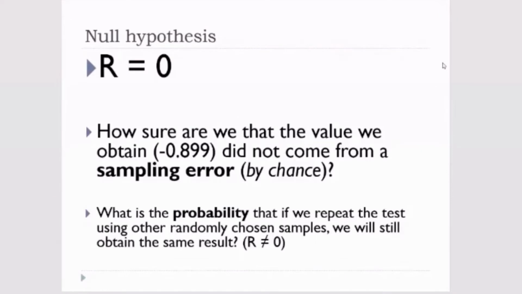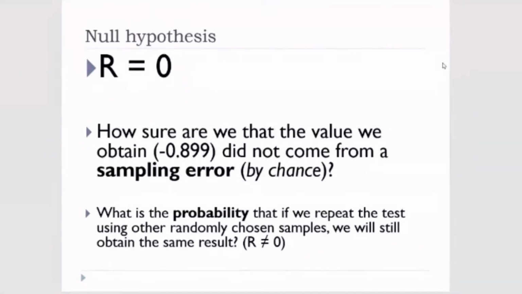As I've said, we may have chosen a certain number of cities which behave the way we want them to in our computation. So our question is, what is the probability that if we repeat the test, so let's say we go back again to the drawing board and get another sample of 10 cities, the other 10 will still obtain the same result?